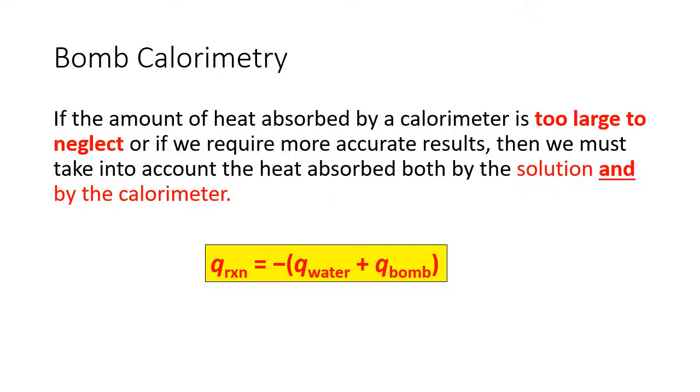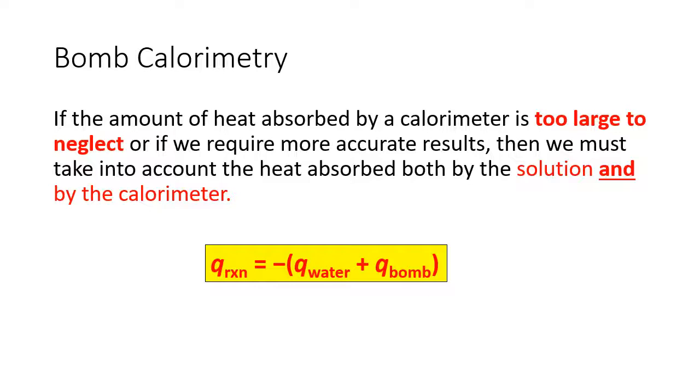In the last few examples, the reactions took place inside of a coffee cup calorimeter. A coffee cup calorimeter is assumed to be an isolated system, but in reality, it's not a perfect isolated system. Some of the heat from the reaction could be lost to the surroundings. If we need a much more accurate depiction of the heat either absorbed or evolved in a chemical process, we can use something called a bomb calorimeter.